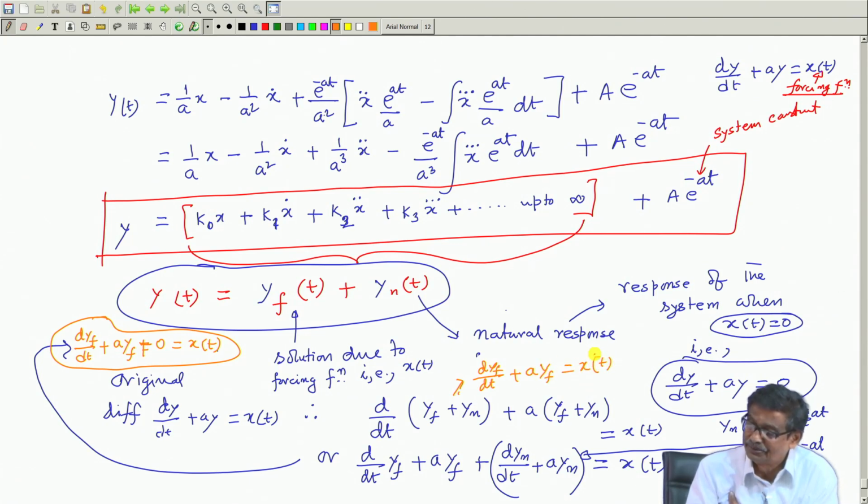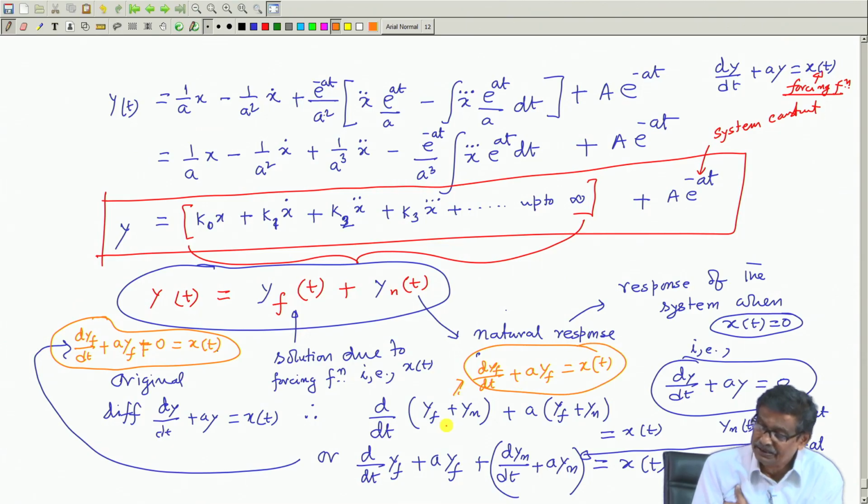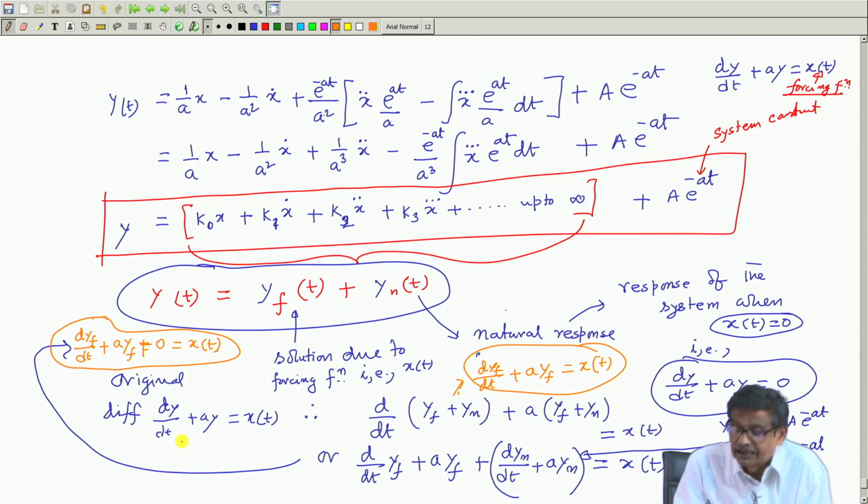This is crucial to understand. d dt of y f plus y n plus a into y f plus y n is equal to x t. So, y f plus y n satisfies the differential equation, and also the forcing function solution y f t alone will also satisfy the differential equation.